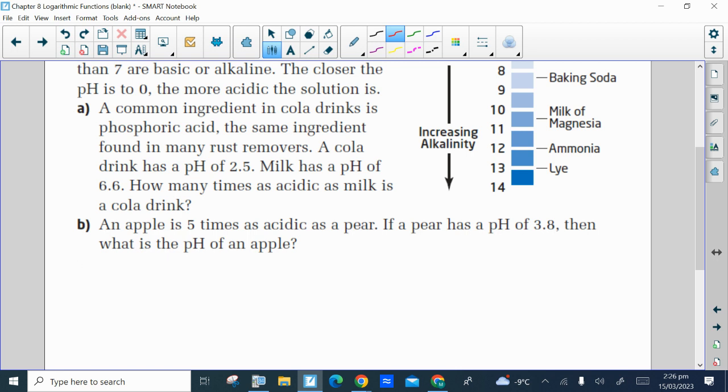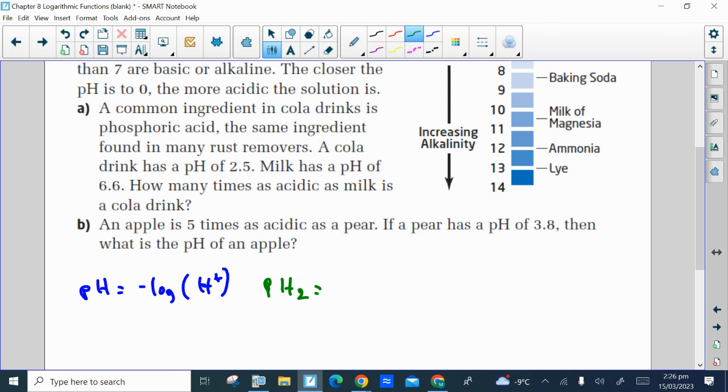And it starts with the equation that we're given, that pH equals negative log of H positive. And again, we're going to have two different pH that we're going to be talking about. We're going to have pH 2, which will be the one that's more acidic. We want to know how many times more acidic the cola is compared to the milk.